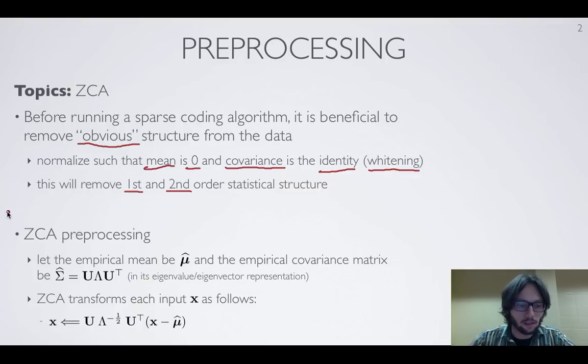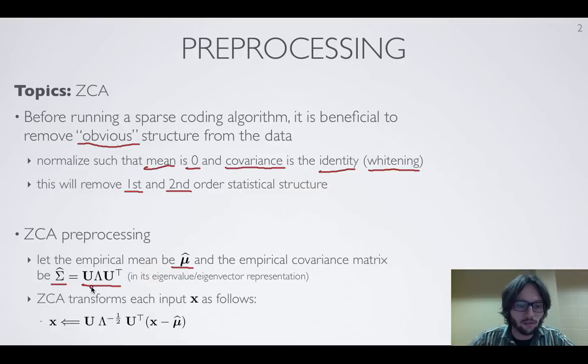ZCA preprocessing is very simple. I just described the procedure. First we compute the empirical mean of our training data, as well as the empirical covariance matrix. So mu hat will be the empirical mean, and sigma hat the empirical covariance matrix. We also assume that we have computed an eigenvalue eigenvector decomposition of our matrix.